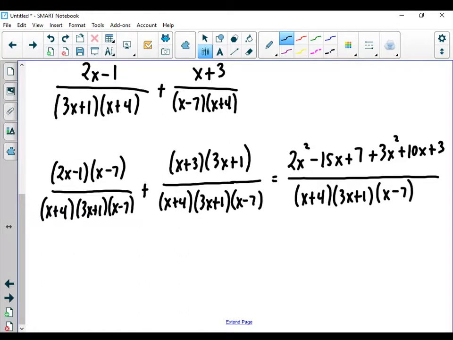Now I put stuff together. So I've got 2x squared and 3x squared. I've got negative 15x and 10x. And I've got 7 and 3.